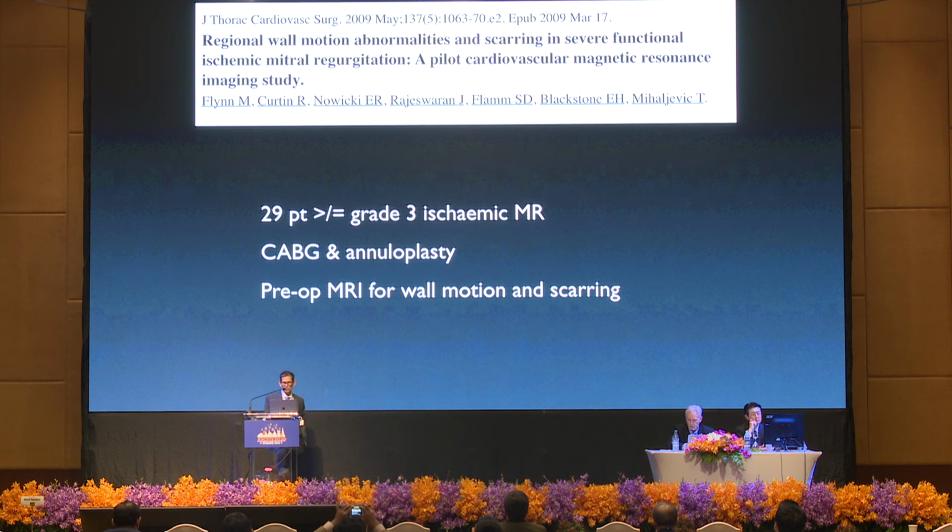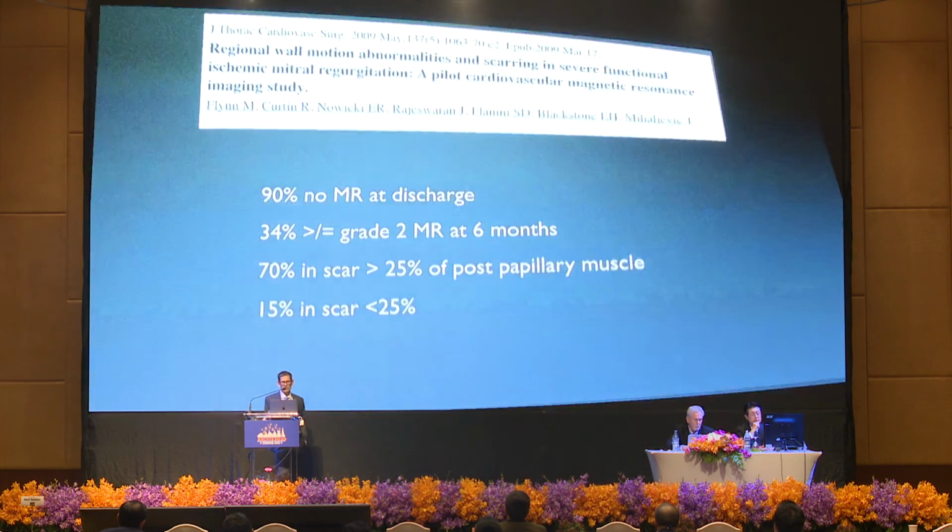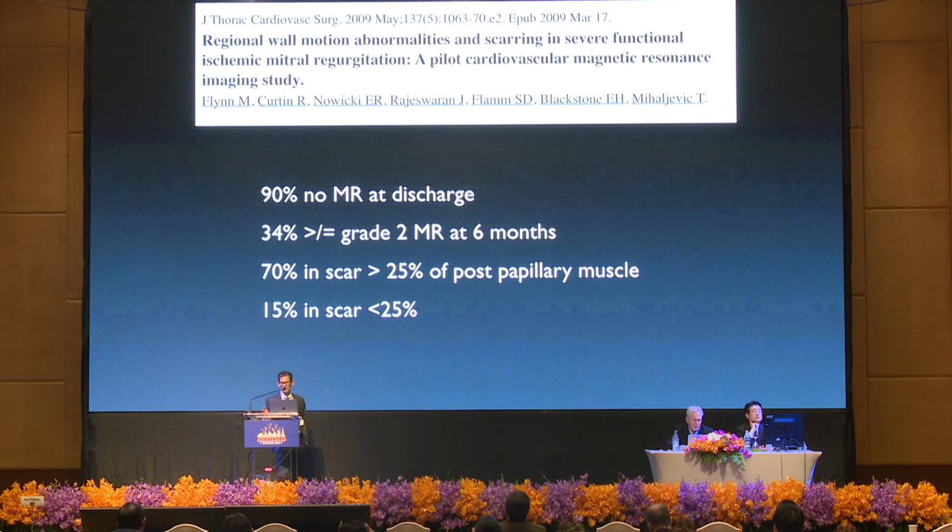This paper is quite interesting. Basically what they looked at is that in patients with grade 3, so moderately severe mitral regurgitation, perhaps not the grade 2 we're talking about in this talk, who underwent surgery. They had 29 patients, they had bypass and annuloplasty ring, and they did MRI scans on these people. And what they found was that 90% of the patients after ring annuloplasty alone had no mitral regurgitation.